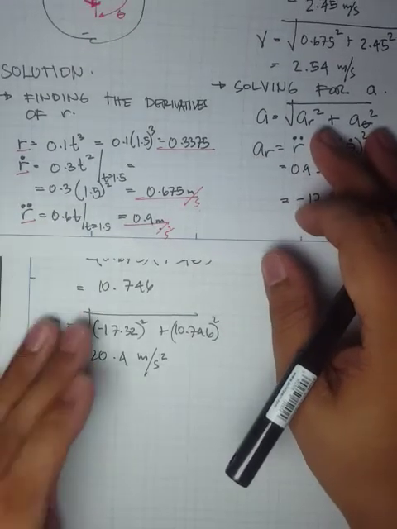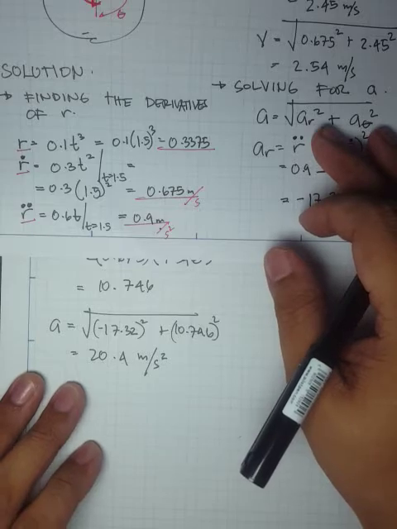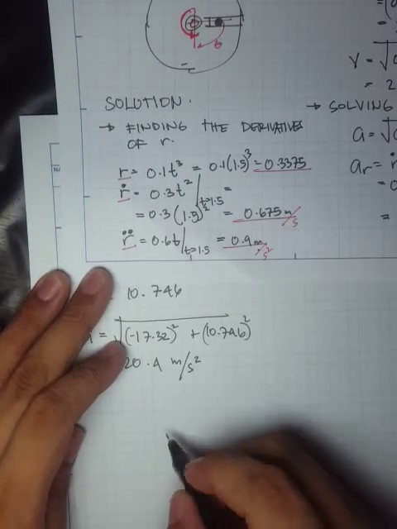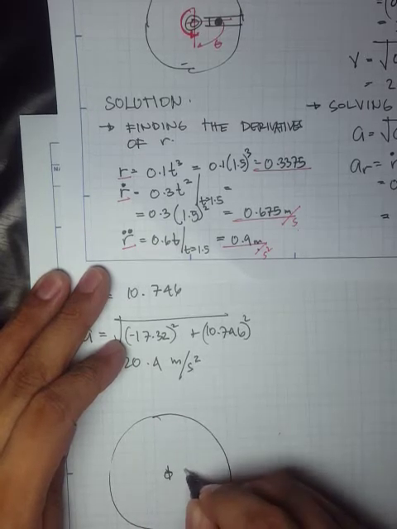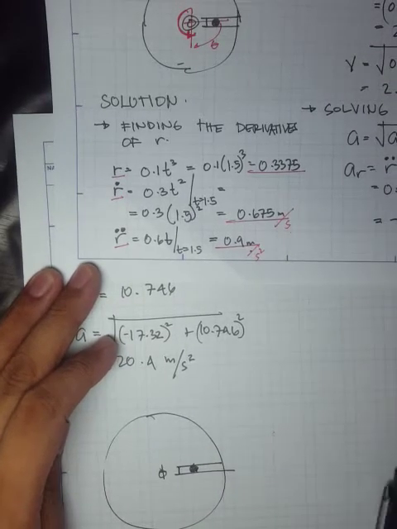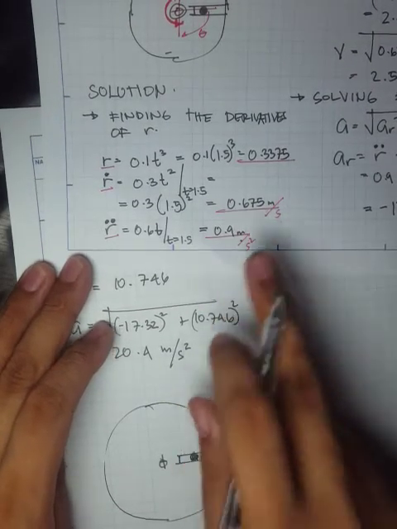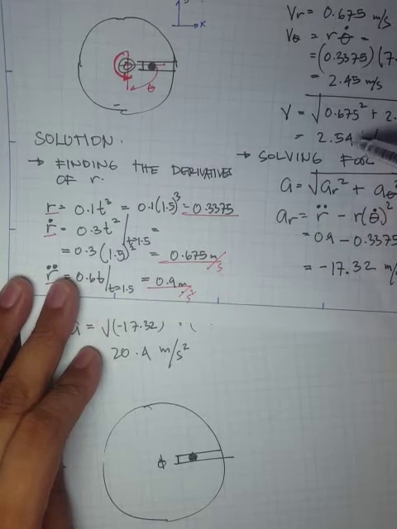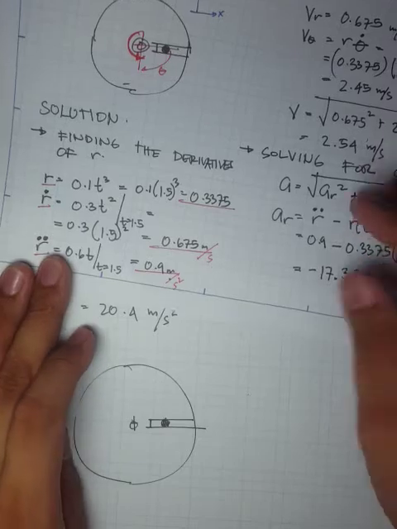Okay, let's try to draw this one. If this is our slot, and this is our ball, what do we get? Our velocity is positive. They're both positive, except for this acceleration, the radial.